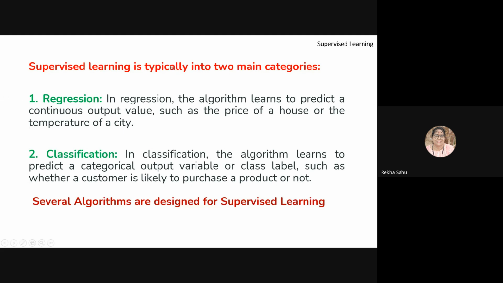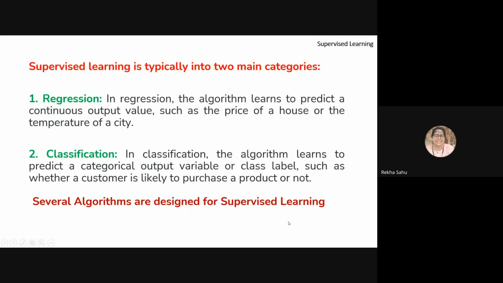Supervised learning approaches fall into two categories. One is regression, another is classification. If the label value is continuous, that means your output value is continuous, then you are creating a regression model. And if the output value has categorical values, then you have created a supervised machine learning model that is a classification model.